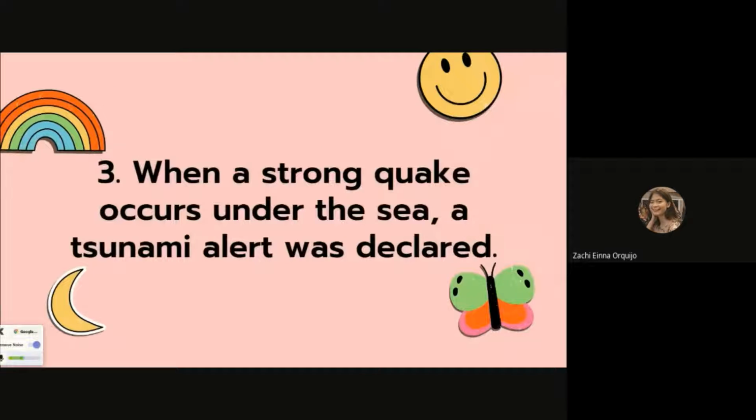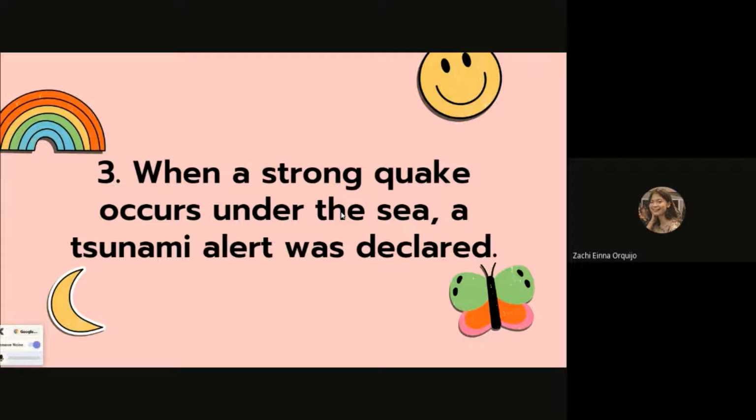Our third sentence is: when a strong quake or earthquake occurs under the sea, a tsunami alert was declared. So ano po dito ang cause at ano dito ang effect? So yung cause po dito ay nung nagkaroon ng earthquake or quake under the sea, sa ilalim ng dagat.